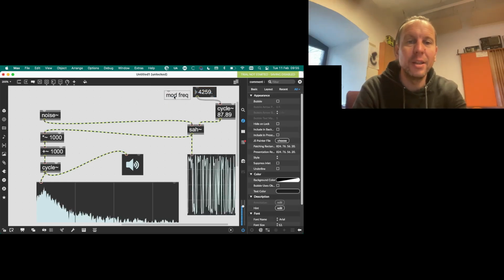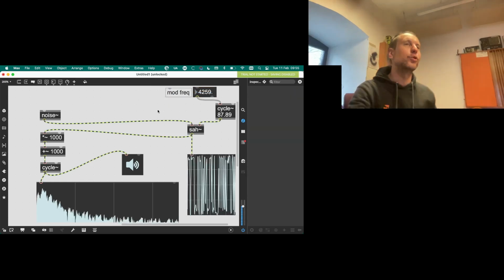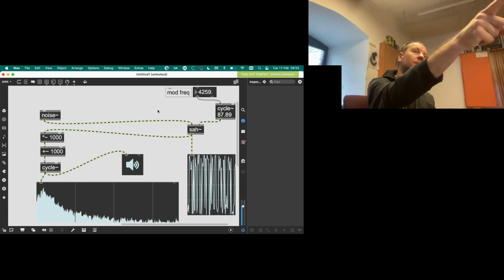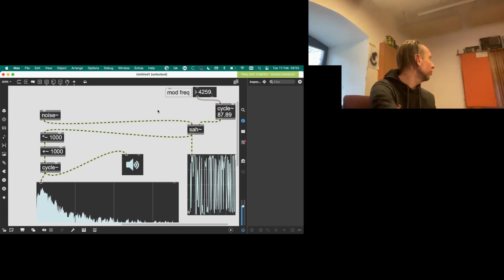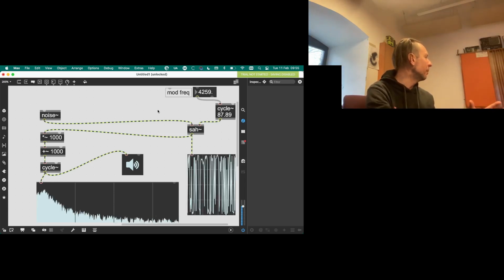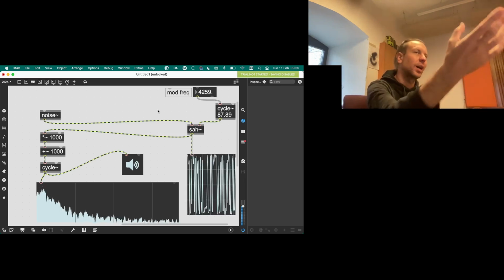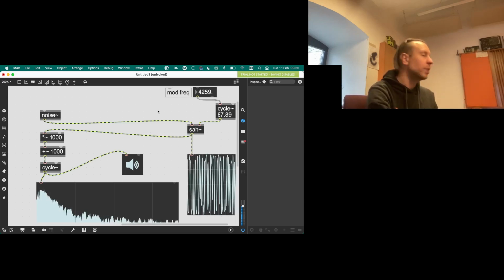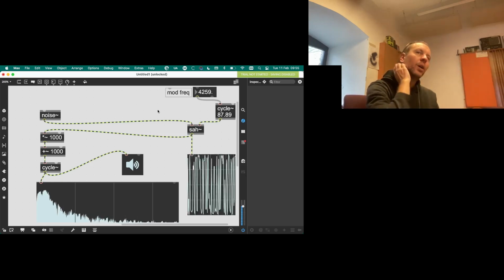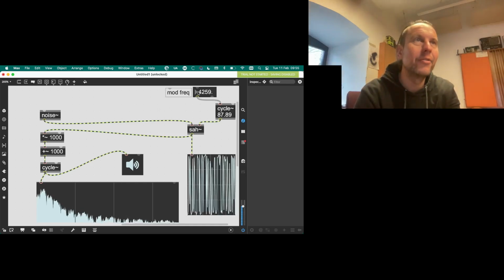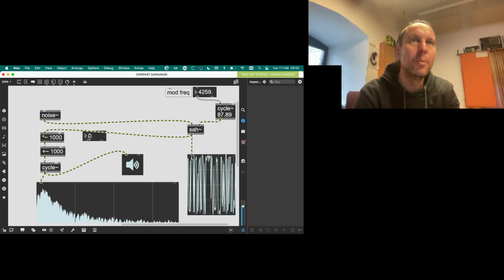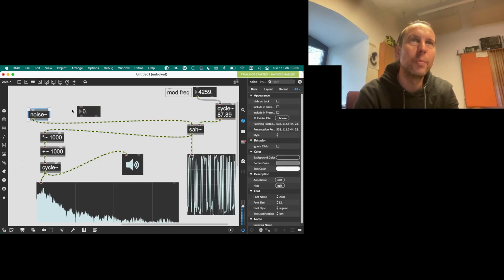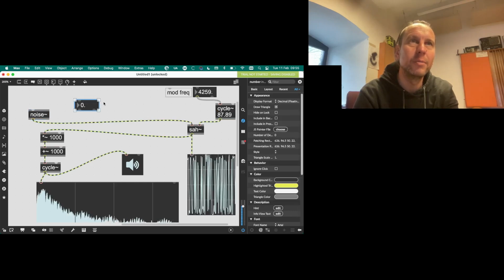You've seen in the earlier patch, it was just the sine wave frequency, but now it's a sample and hold frequency for the noise signal. But it's kind of similar in the way that it still kind of works. 2 hertz means that I will get the noise value 2 times per second.